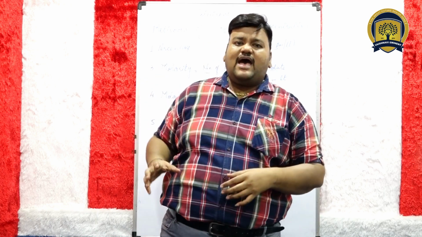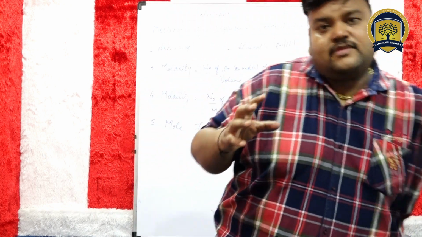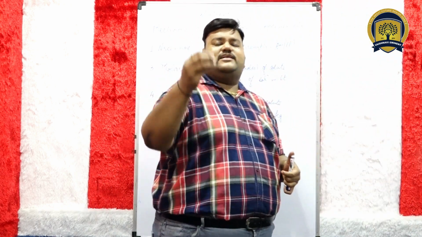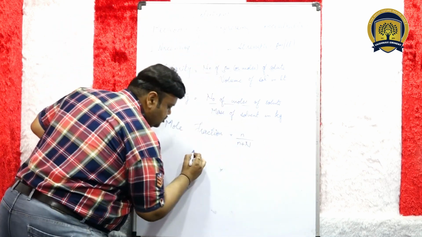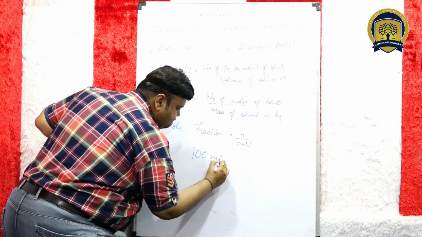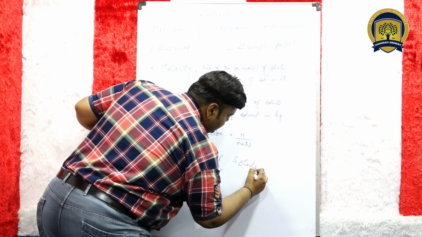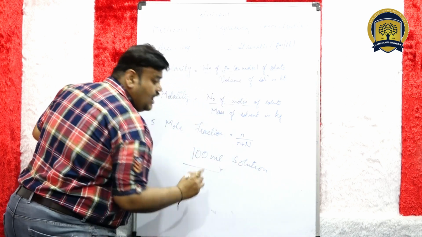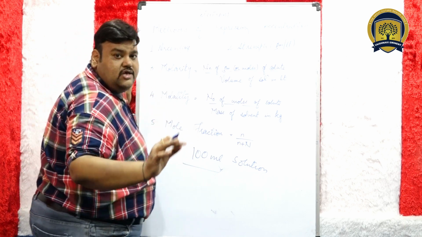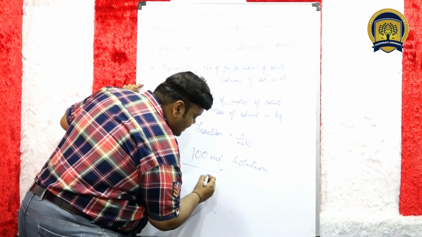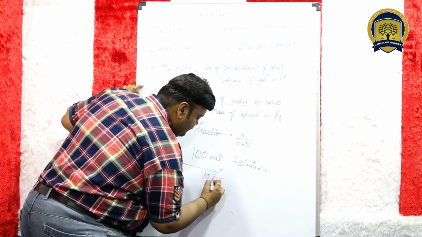Let's say you have a solution which is 100 ml. So out of this 100 ml, how many ml or how many parts of solute are present in this? Let's say there are 10 parts of solute.